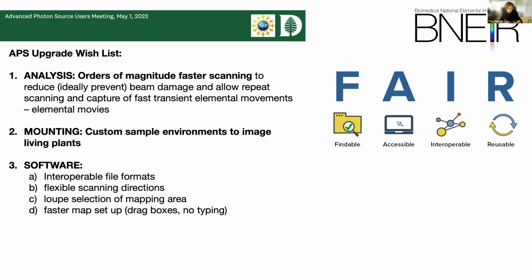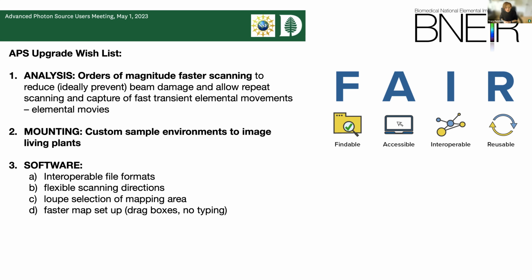We shouldn't be manipulating the plant if we have a machine that can rotate a stage and move X and Y. The less we handle our tissues, the better. And then loop selection of mapping areas so that we reduce that time overhead of mapping nothing, mapping the corners and fresh air. That's an easy fix that gets rid of the time we spend doing that.